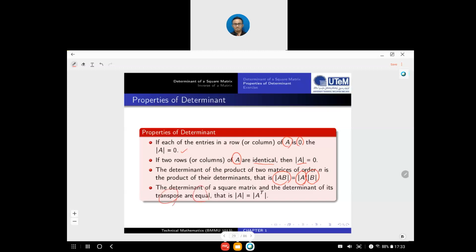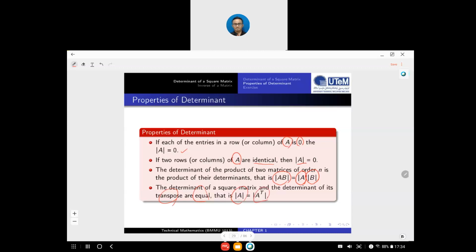The determinant of matrix A also equals the determinant of matrix A transpose.